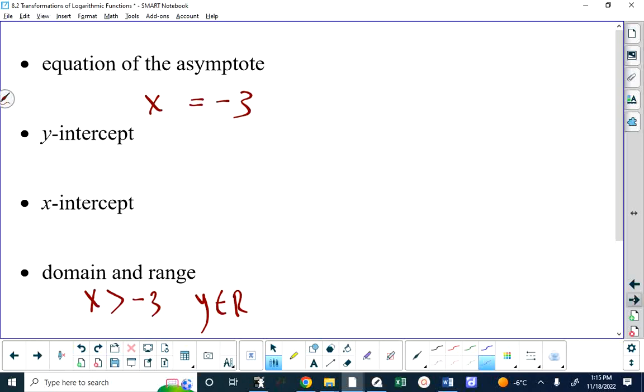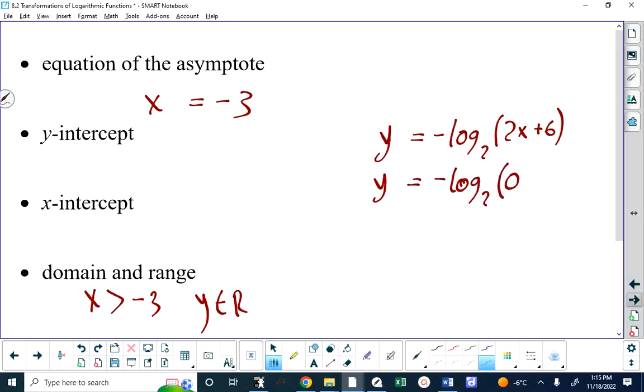Now, how do you determine the y-intercept? Let me write out the function again. The y-intercept would be negative log base 2 of 2 times 0 plus 6, which is negative log base 2 of 6.